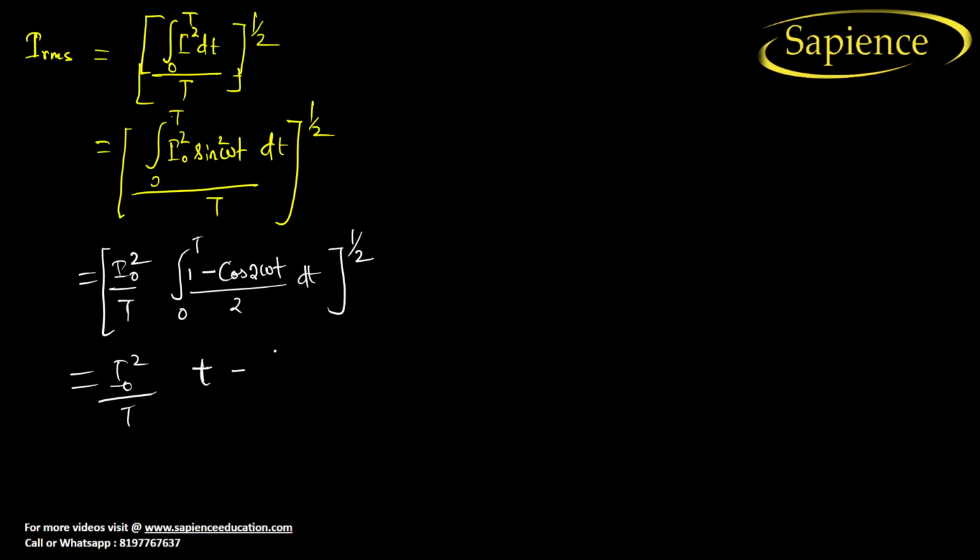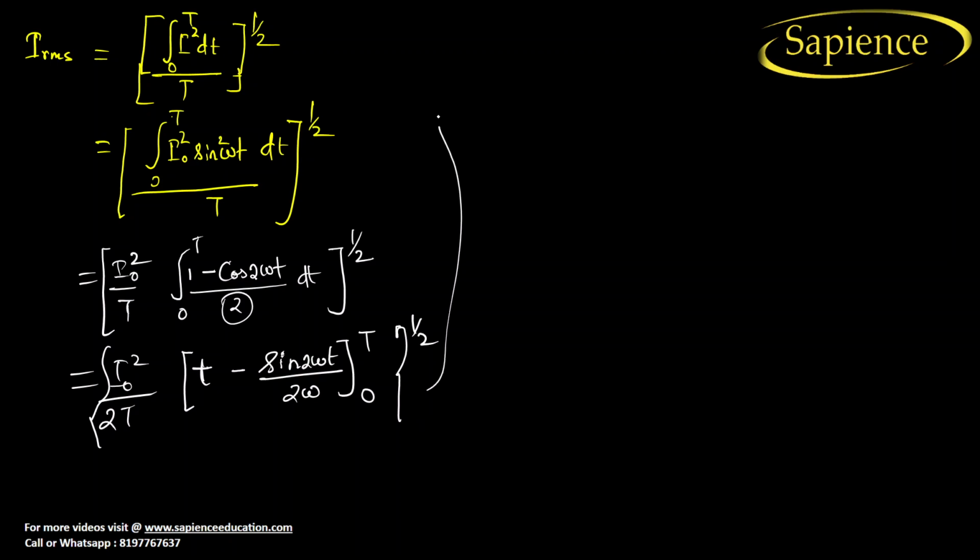Integration of cos is sine 2 omega t, just take this 2 outside, so we can put it like this: sine 2 omega t by 2 omega, from 0 to time period T, and this whole we can take as a bracket, half or a root.